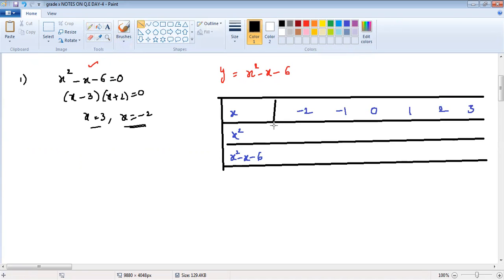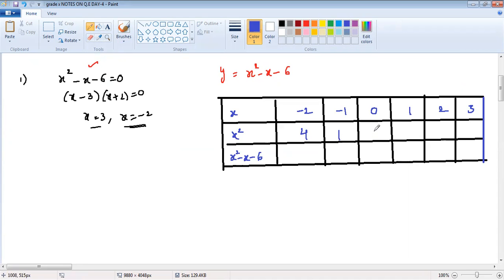Vaibhav, are you understanding? If you do not understand, let me know. See, I'm taking the values. When I'm taking x as minus 2, minus 1, so x square will be 4, 1, 0, 1, 4, 9.